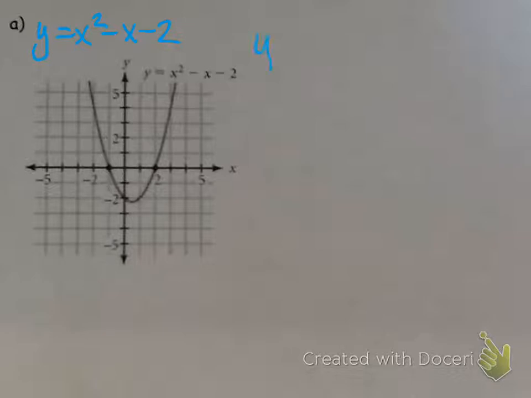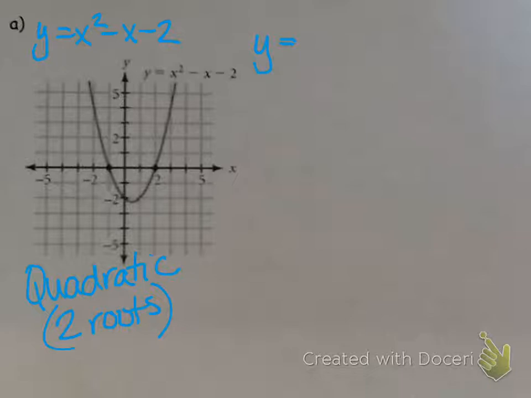So remember, factored form in this graph, what type of graph is this? Hopefully you have answered, it is quadratic, which means we have 2 roots. So in this quadratic graph, we would have a times x minus root 1 times x minus root 2.